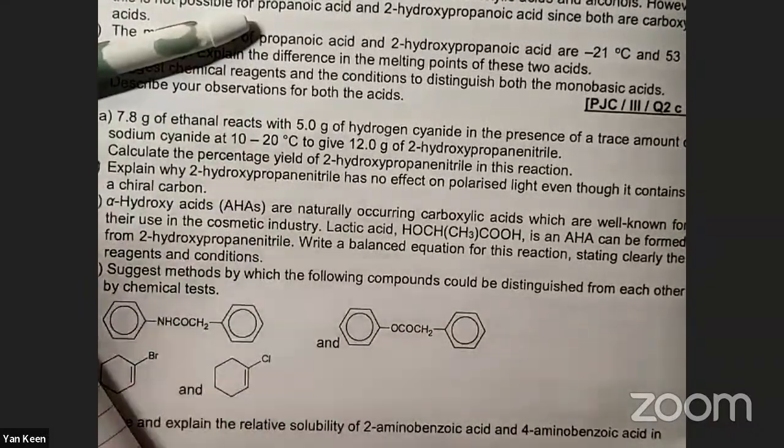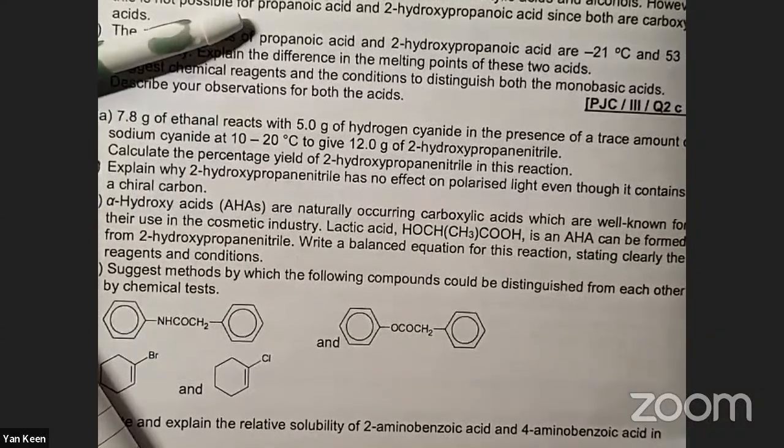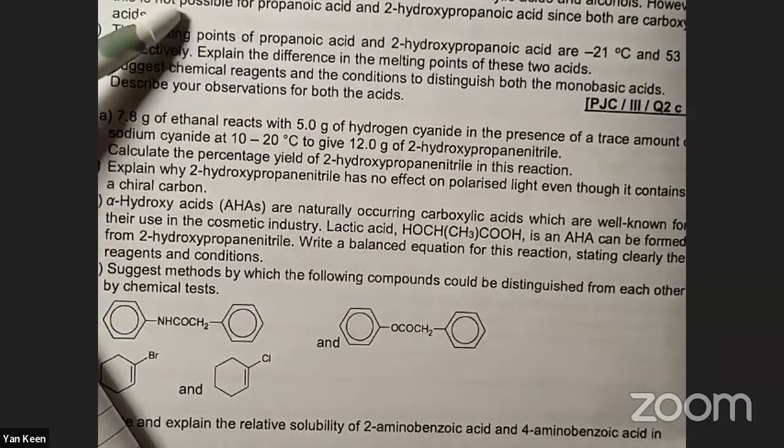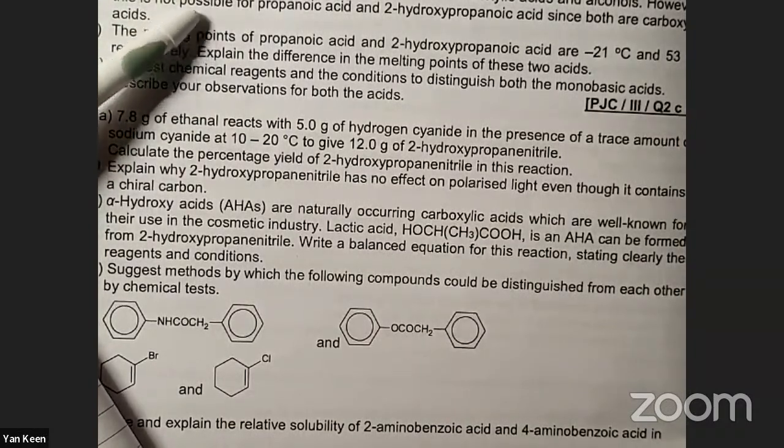So this exists and this exists. I think I've given you the clue already. Both of these exist. So if both of them exist, then they rotate polarized light both ways, in opposite directions.